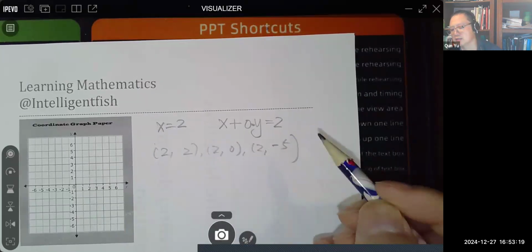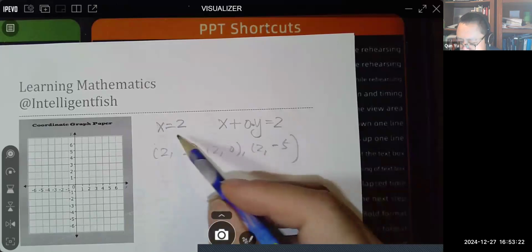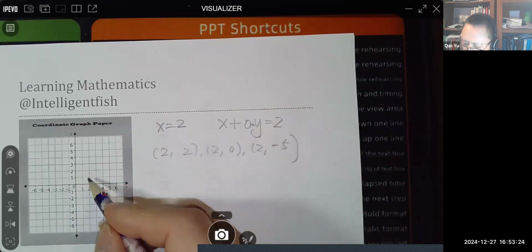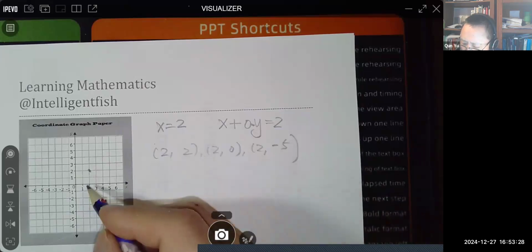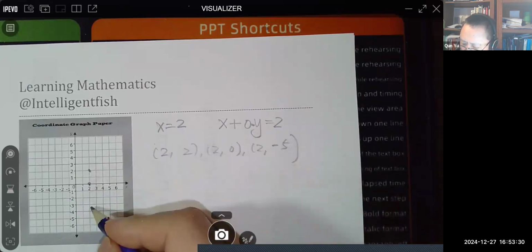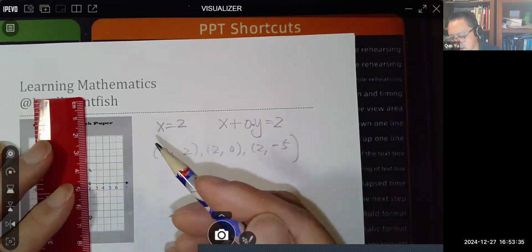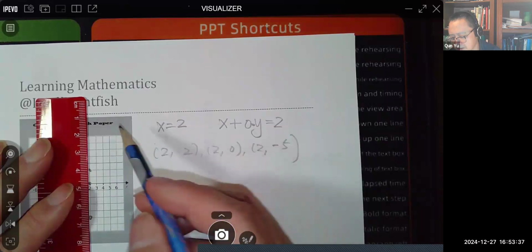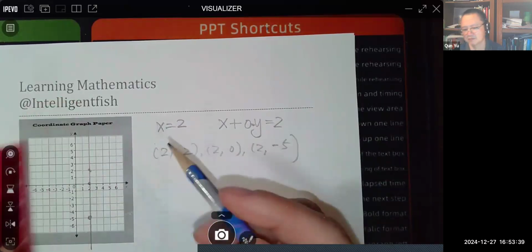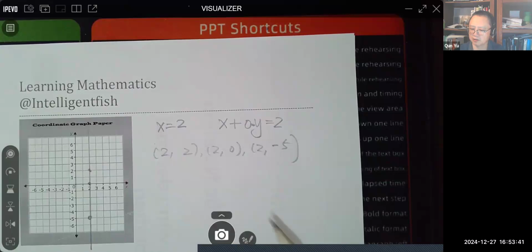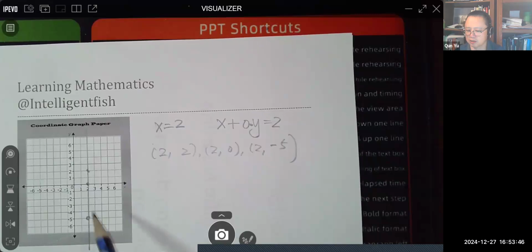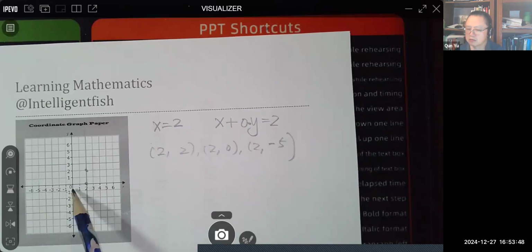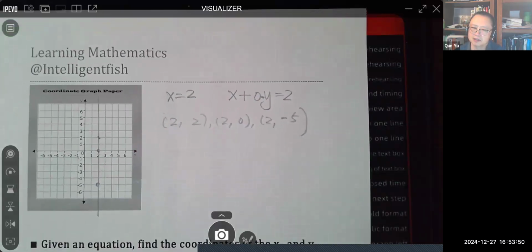Just give different y values. x has to be fixed. 2 and 2, and 2 and 0, 2 and -5 is here. So certainly we're going to get a vertical line, right? Makes sense. No. Because y is free to go. Y is a vertical direction. X has to be at the 2 level, cannot go to the left, cannot go to the right, because otherwise you're going to change x value.